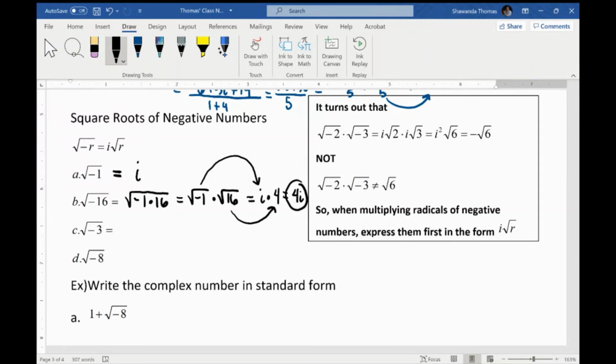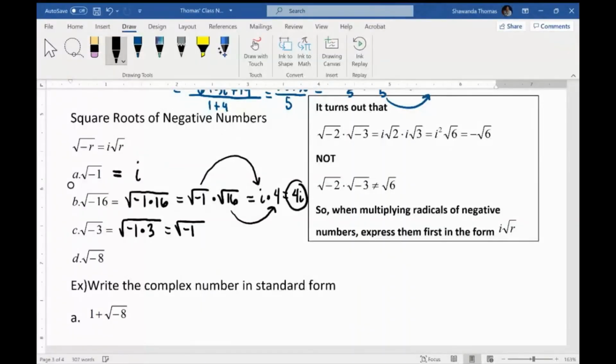All right. Let's try another one. Sometimes you're going to write them a little different, and it's okay. The square root of -3, for example. Tell me, how can we rewrite this radical? Square root of what times what? Square root of -1 times square root of 3. I always like to see the -1 put separate.